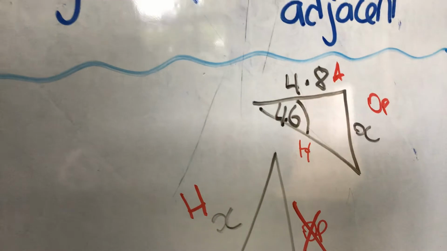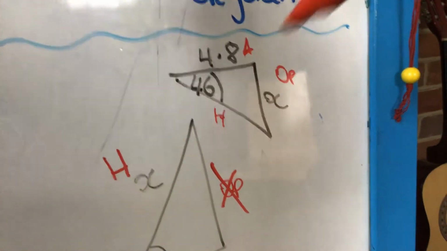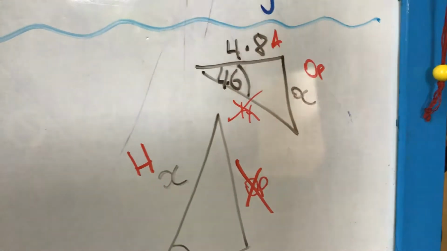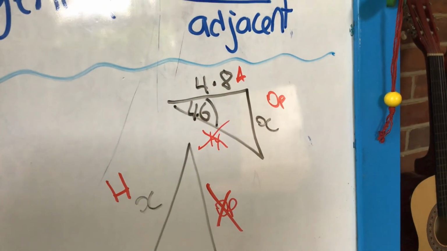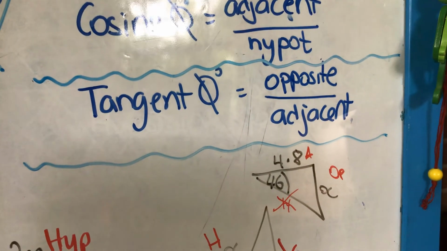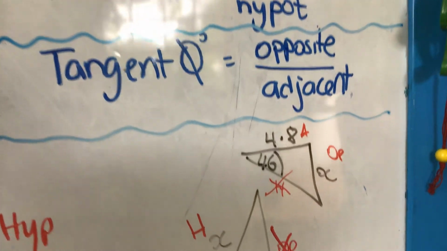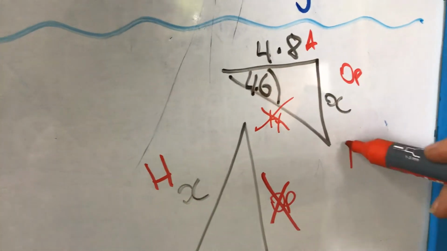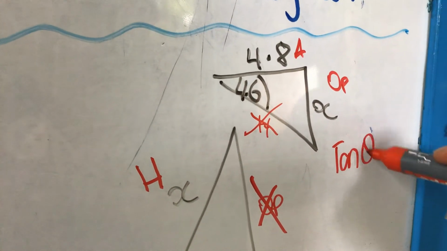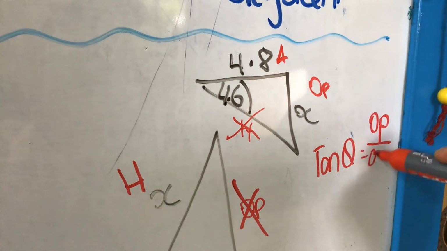So which of our rules uses adjacent and opposite? There's no point using the hypotenuse because we don't have a number for it, and it's not our question. So the tangent ratio is opposite over adjacent. That's where we'll use the tangent of the angle equals opposite over adjacent.